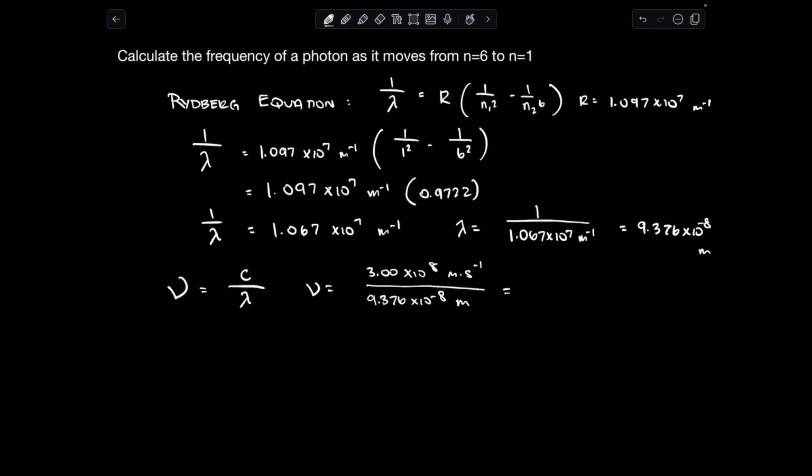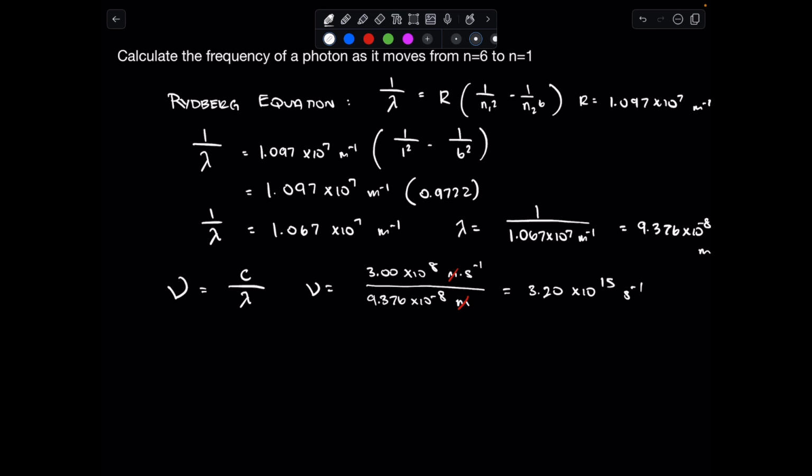And this is going to be equal to 3.20 times 10 to the 15 per second. And that's because, as we look at our units here, since we have meters on top and meters on bottom, those will cancel out, leaving us just with per second.